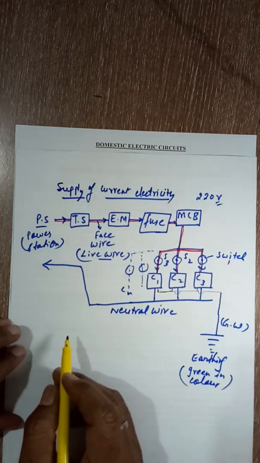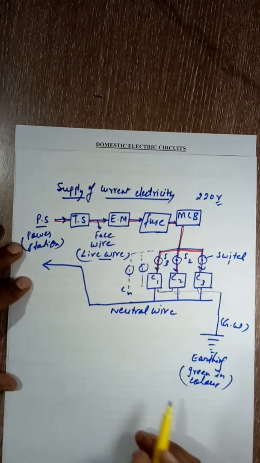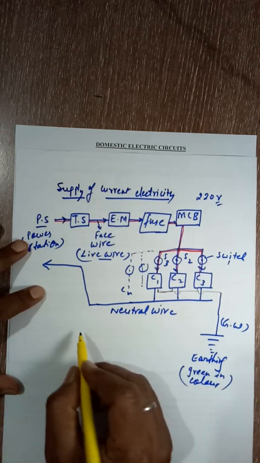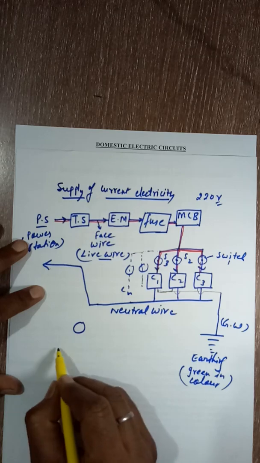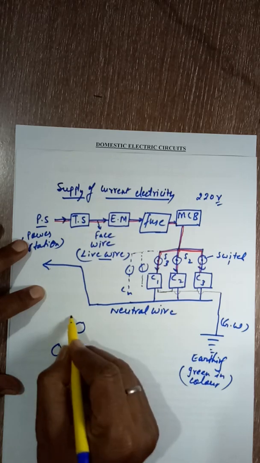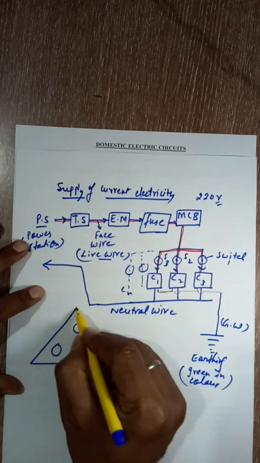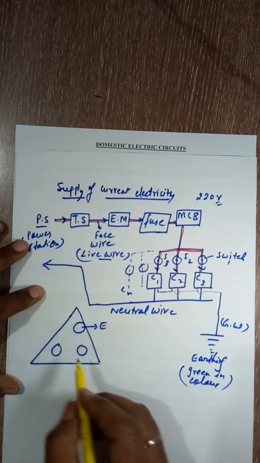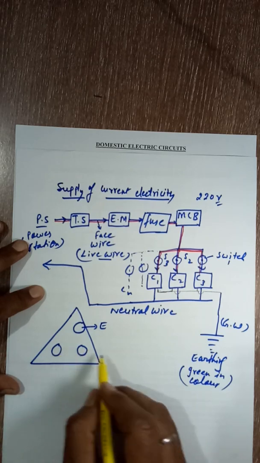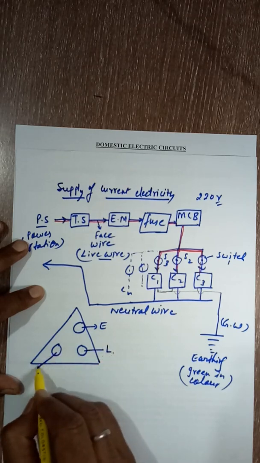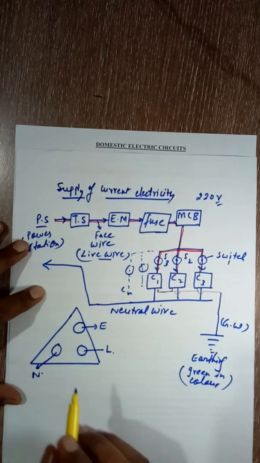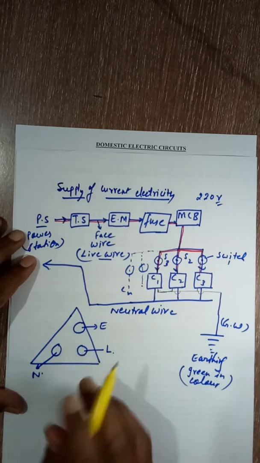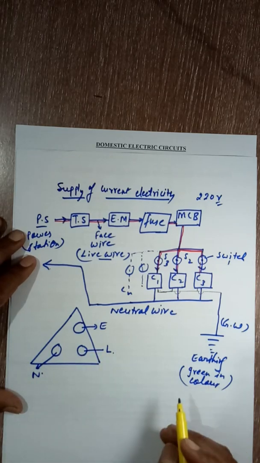Let me tell you about the electric sockets that we do have at our house, right? So generally we do have this type of sockets at our house. This is for earthing, and one of these two may be live and this could be neutral. So this is what is called a 3 plug pin socket, in which we introduce the plugs and hence it works.